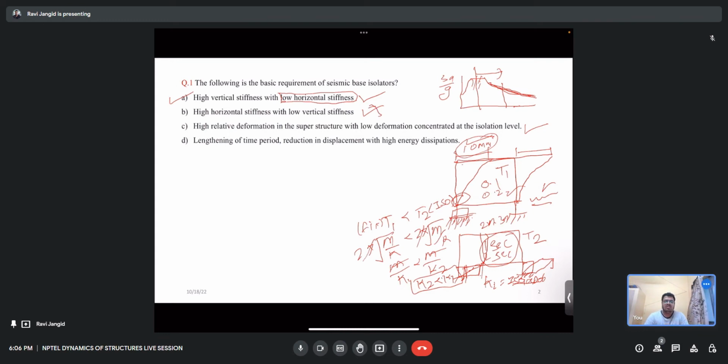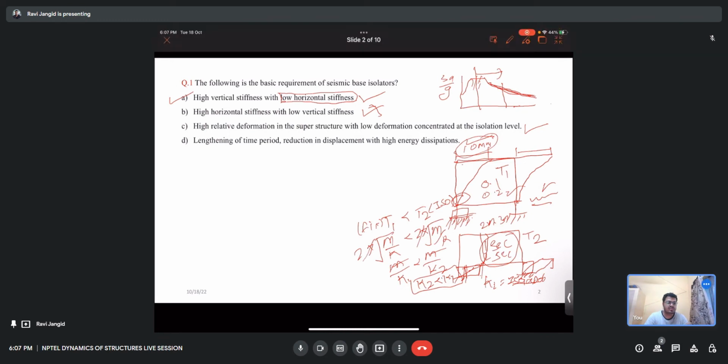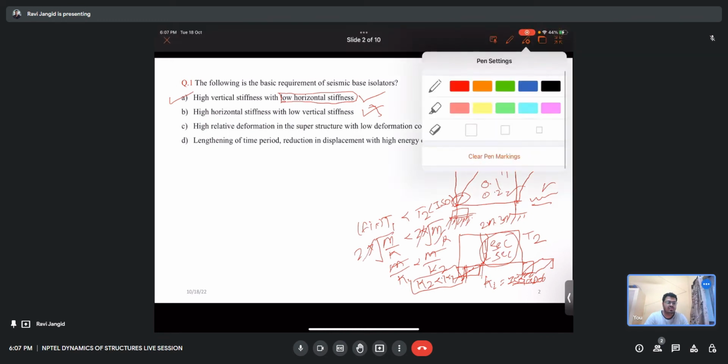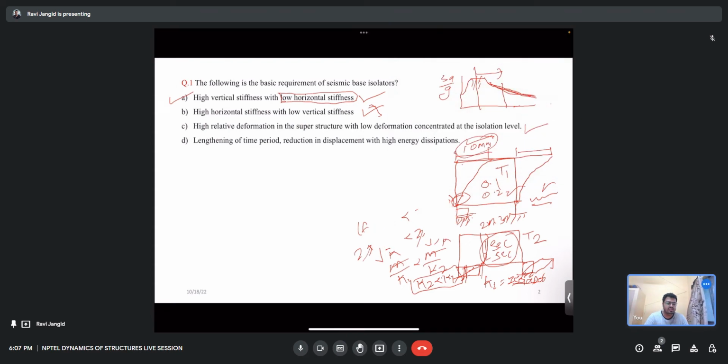Now come to the third option: high relative deformation in the upper structure with low deformation concentration at the isolator. So with the isolator, what happens?